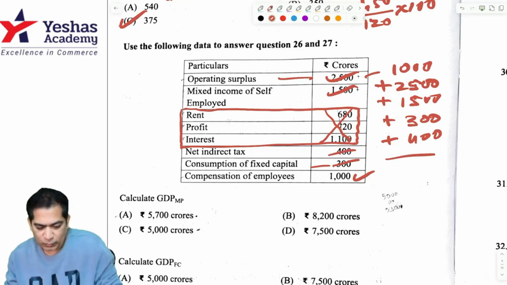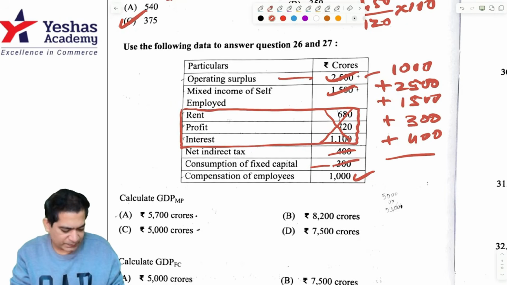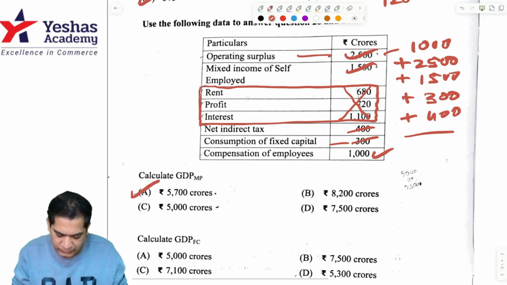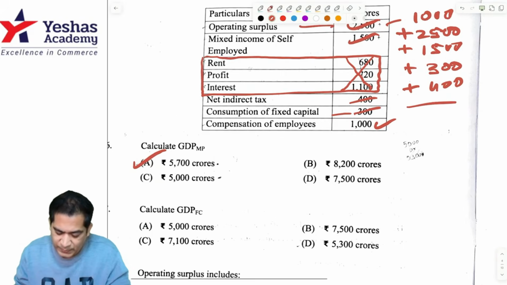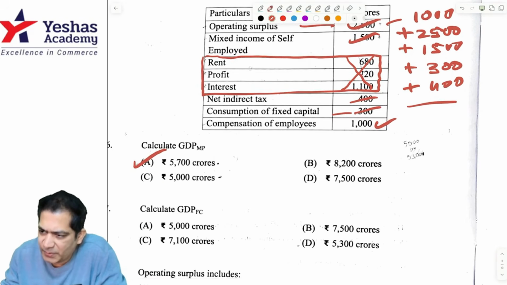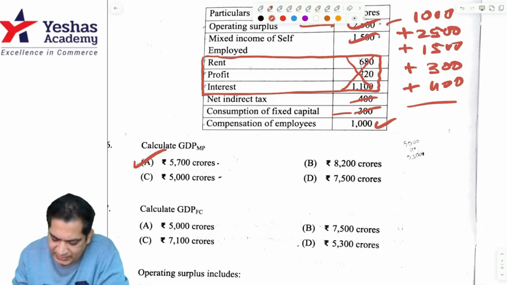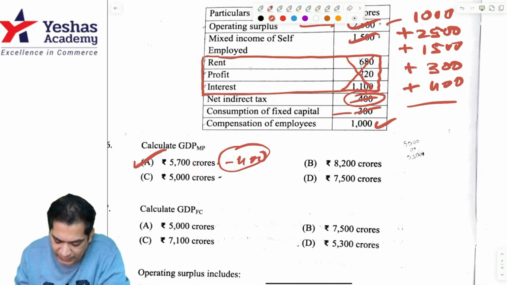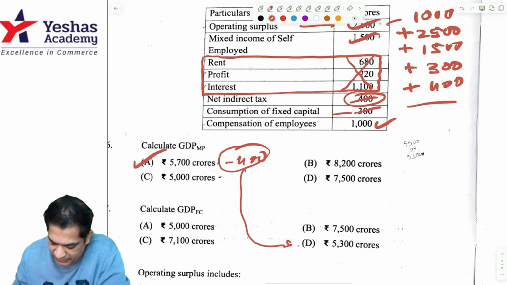So what will be the answer in this case? 3500 plus 1500 plus 700, 5700 is your answer. Calculate GDP at factor cost. The difference between GDP at factor cost and GDP at market price is net indirect taxes, which is here 400. So 5700 minus 400 gives 5300 as the answer.